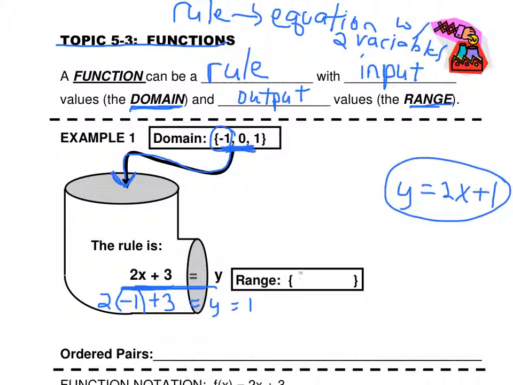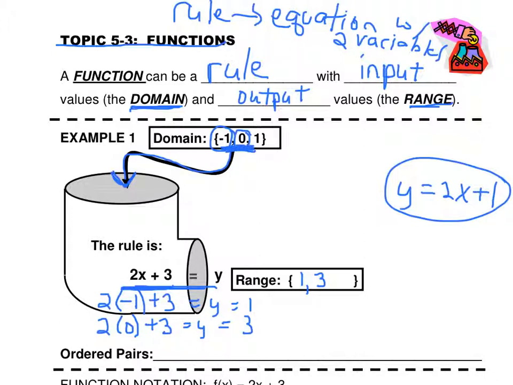So that's your first output, that's your range. Then we do the same thing with 0, and we put it into the function machine and replace the x with the 0. 2 times 0 is 0, then I add 3 to that, I get my y, and my y is going to be 0 plus 3, which is 3. So my output, whenever x is 0, is going to be 3.